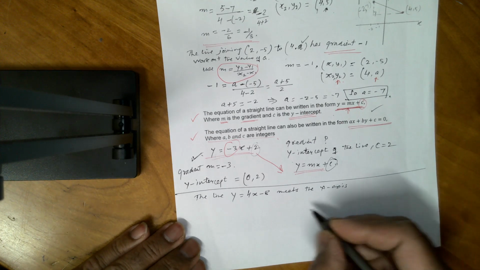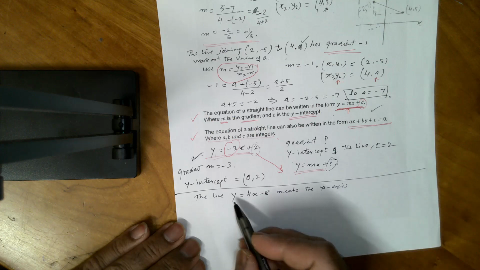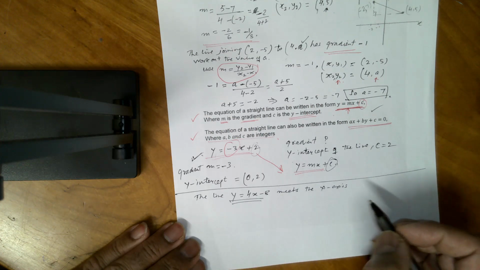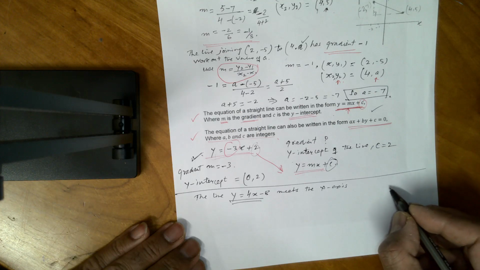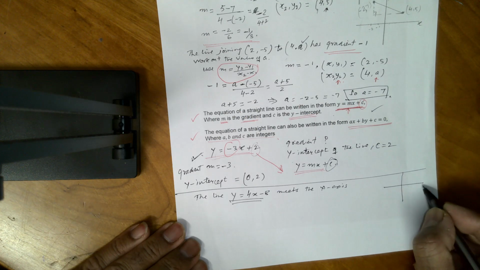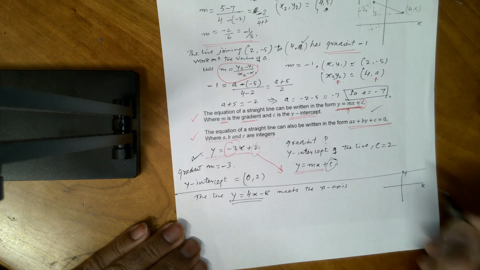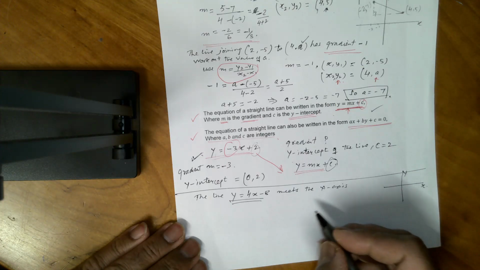So this has been given to you. It says that this is your equation of the line, and it meets the x-axis. So you can presume that this is your x-axis.